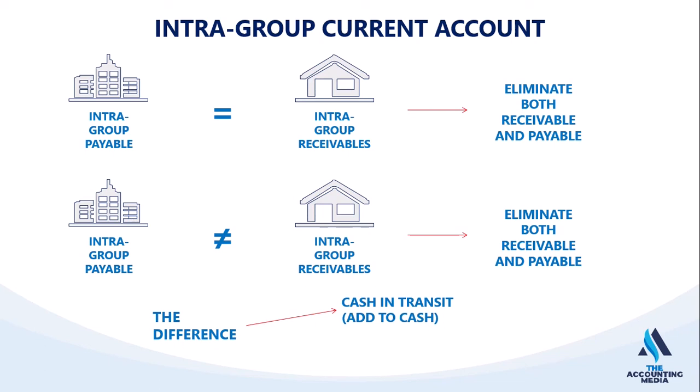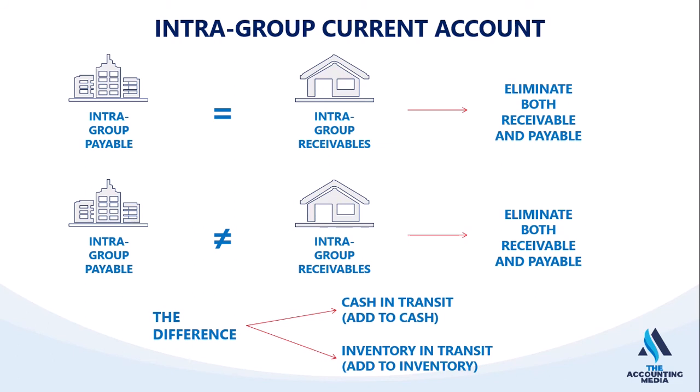Maybe I sent 40 million, I reduce my liability from 100 million to 60 million because I've sent you cash of 40 million already. Whereas in the parent account, the 40 million has not been received. What will happen? They will still recognize 100 million. So in such case, it means that the 40 million is a cash in what? Transit.